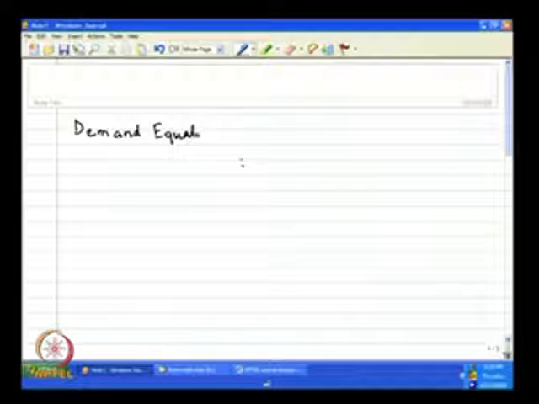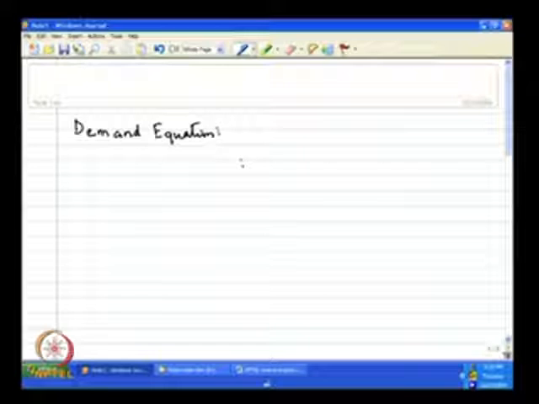First is the demand, what we call the demand equation. So this demand equation captures how the people who are buying goods in the market are going to behave if the price in the market changes.